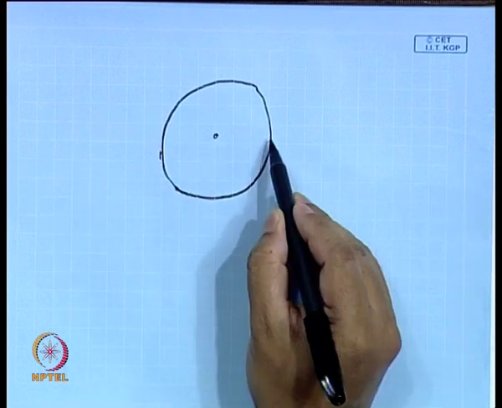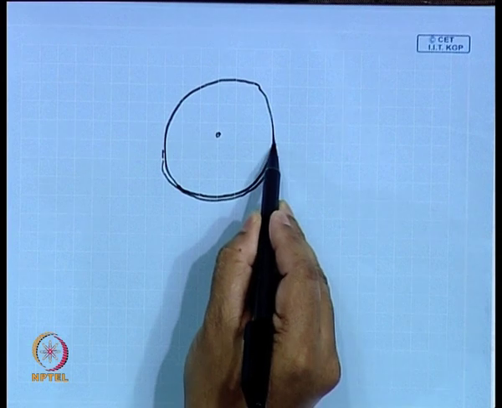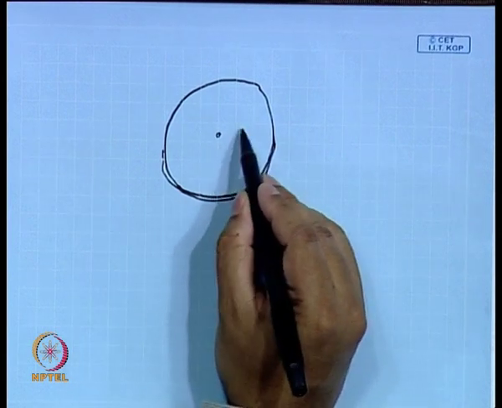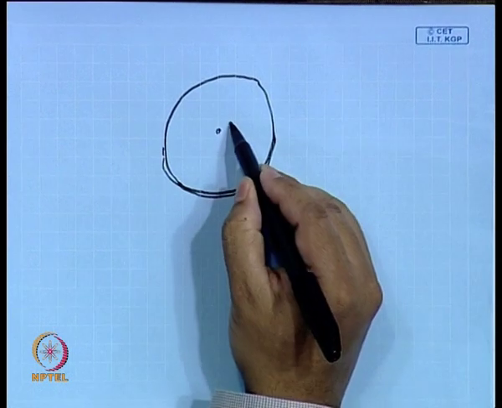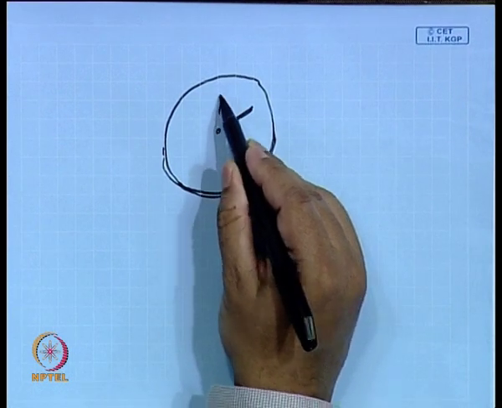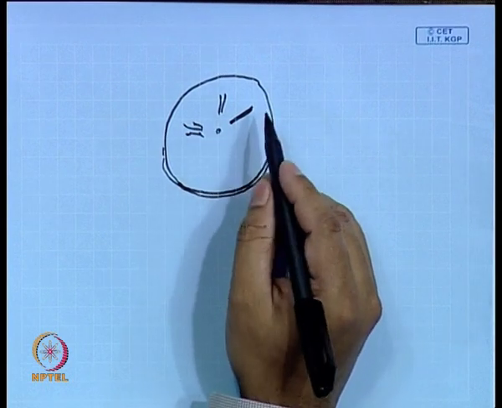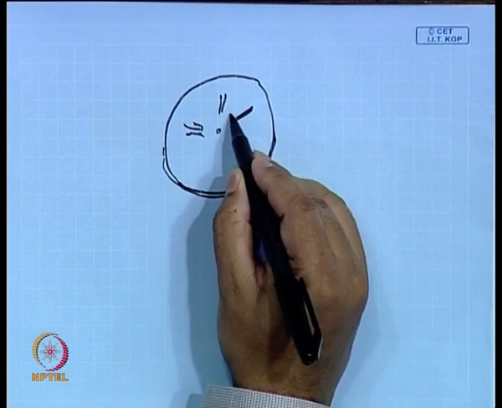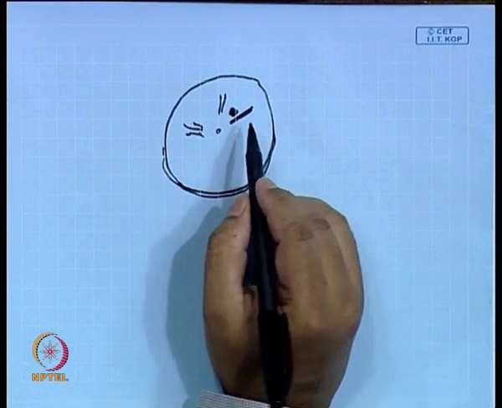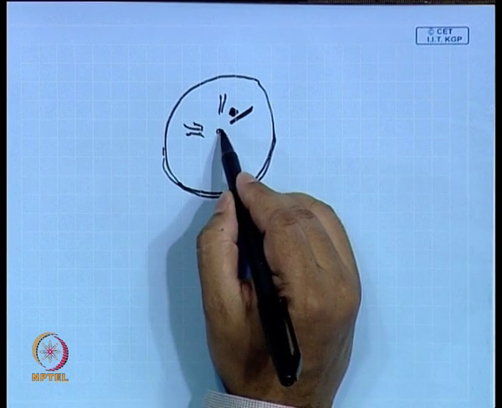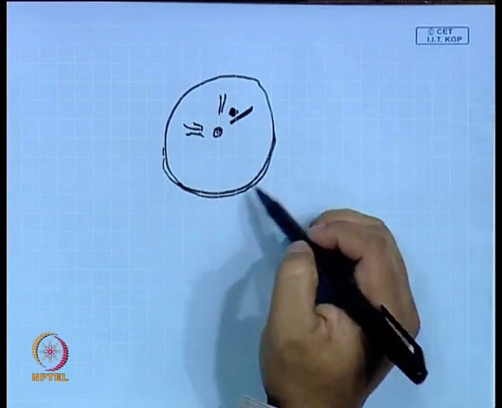You have a CD type device which can be put on a turntable and it can rotate. It is a plate in which you have carved channels in several radial directions, and in some of the places you have reagents stacked, and you introduce the sample at the center. Then what you do is you rotate the turntable.